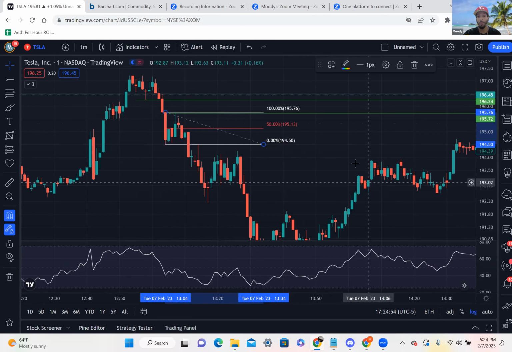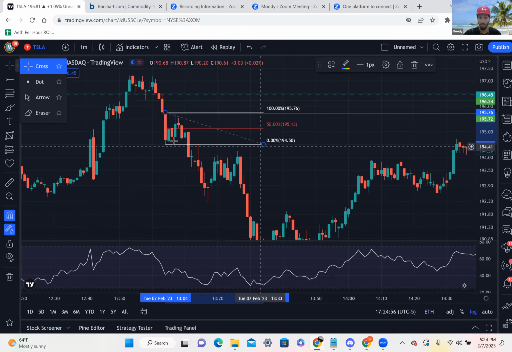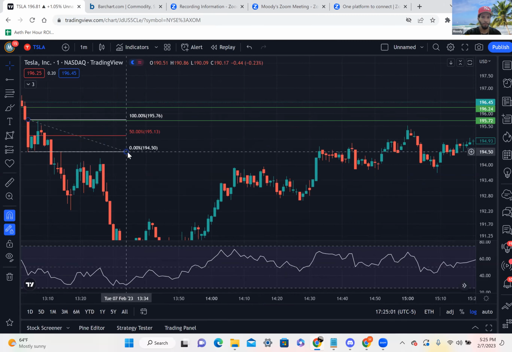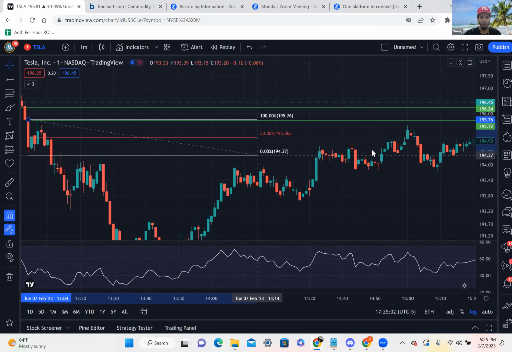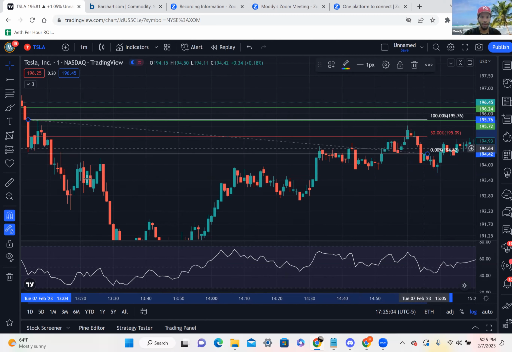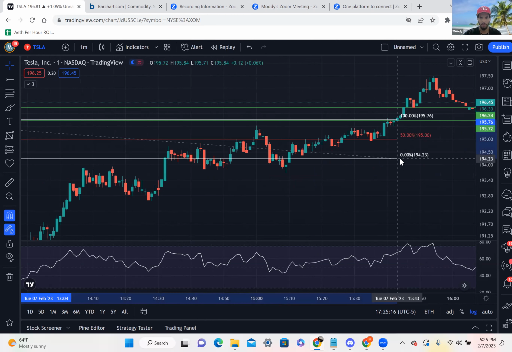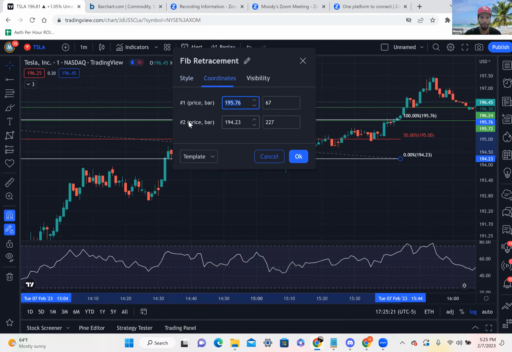So even to get back in here, just to explain this, and I want to have it accurate, this low right here of this candlestick is 194.49. So let's get back in here so you can understand how price action works. So we'll just put that there.